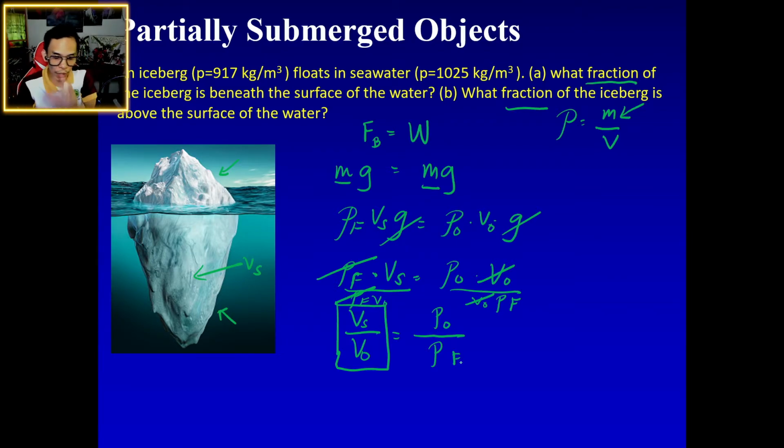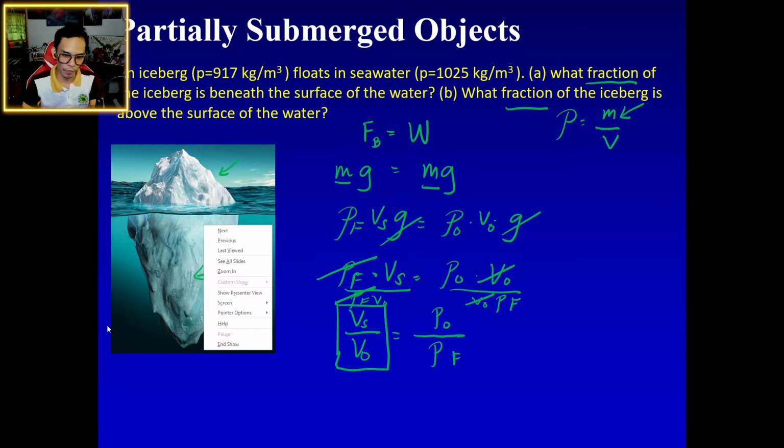In order to find the fraction of the submerged part of the iceberg and the fraction of the iceberg above the surface of the water, we need to use this formula. Let us rewrite this formula again.